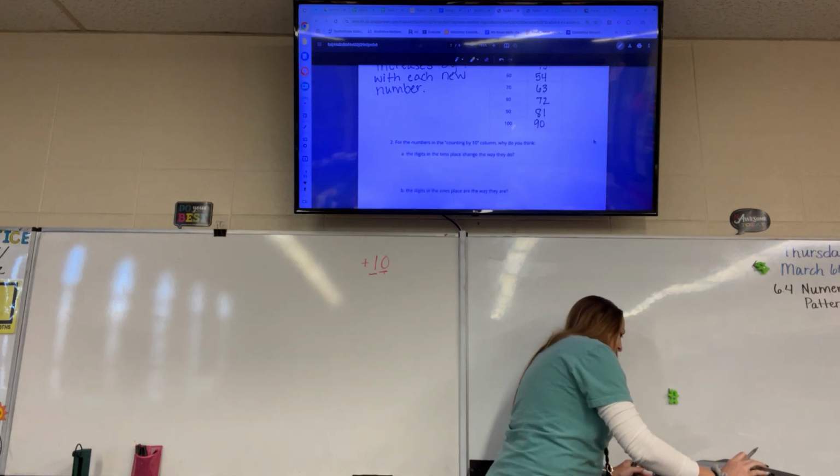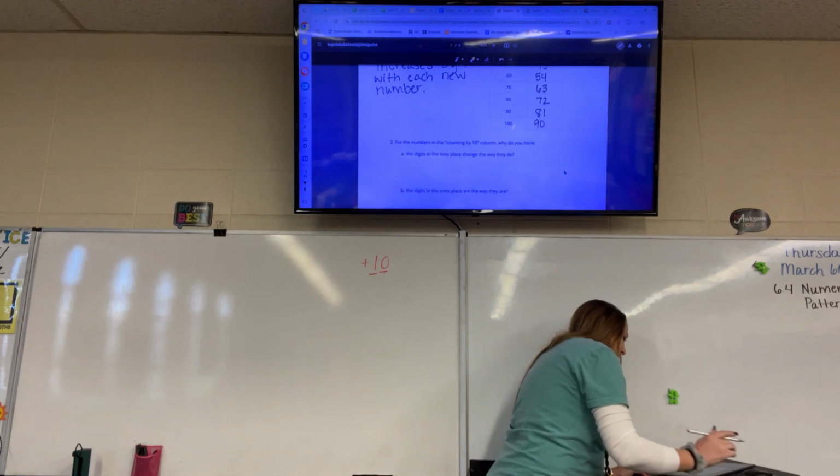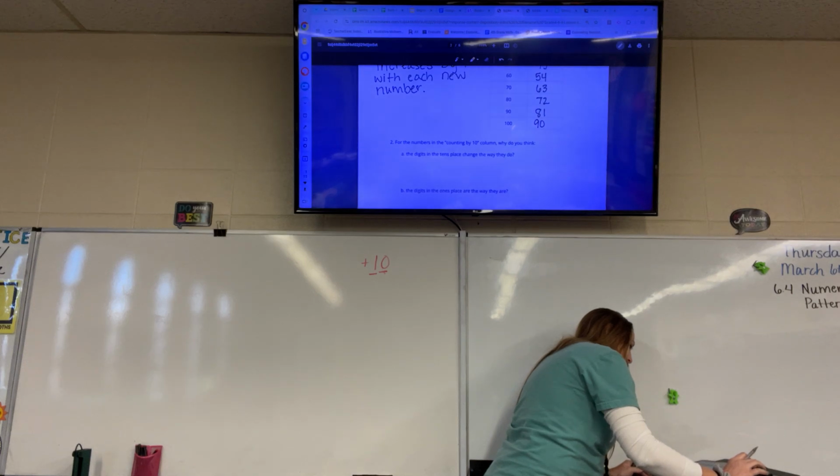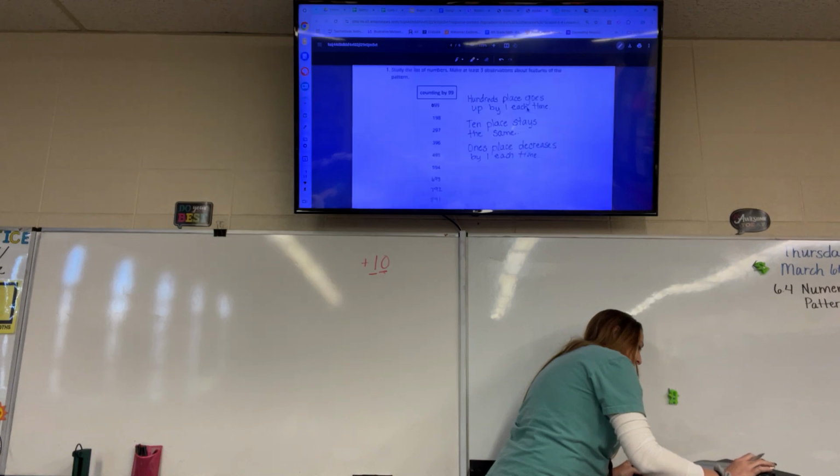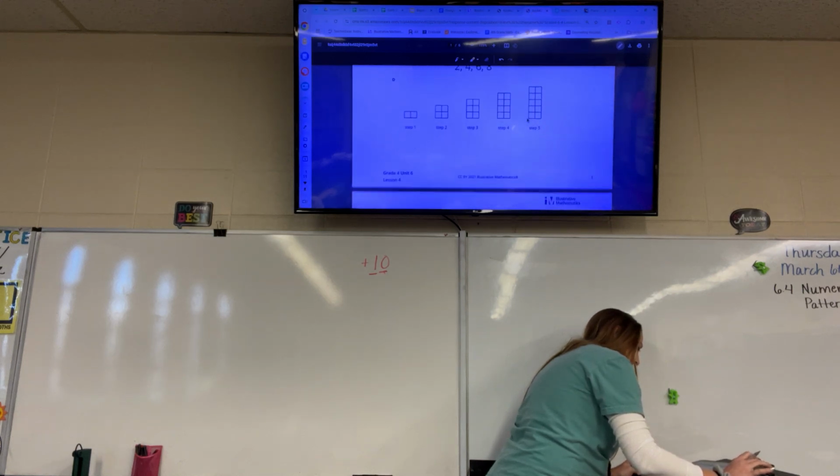Okay, so the digit in the tens place changes. Why does the digit in the tens place change the way it does? And here's what I'm going to have you write down.